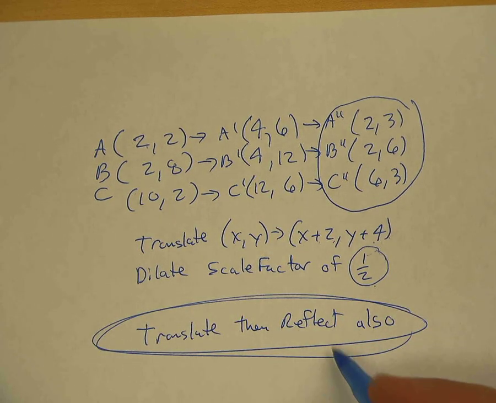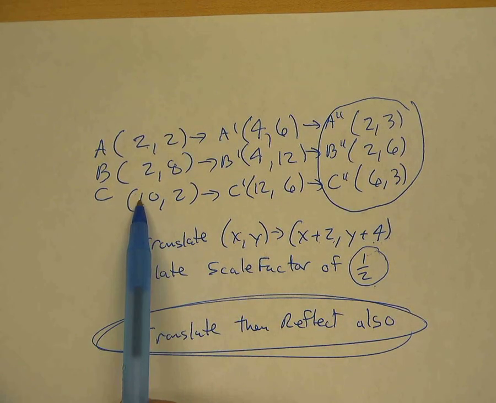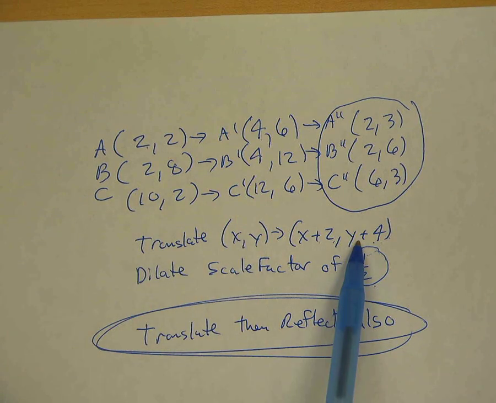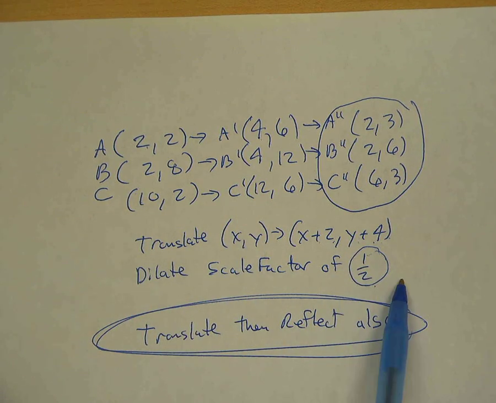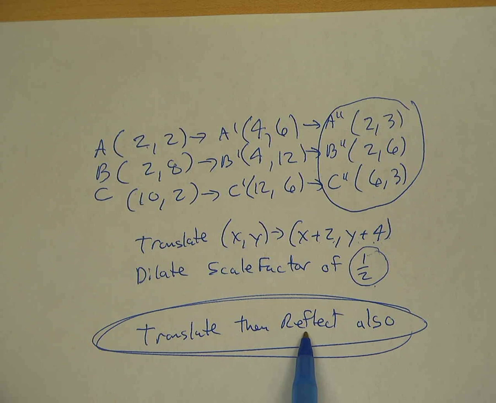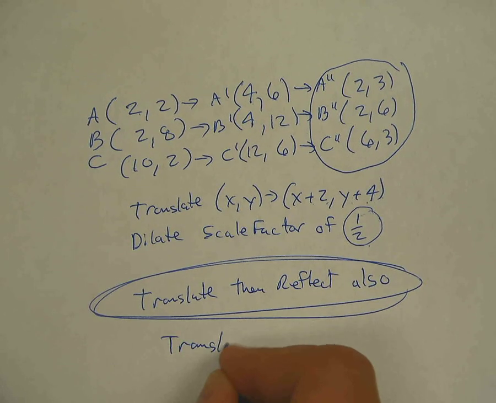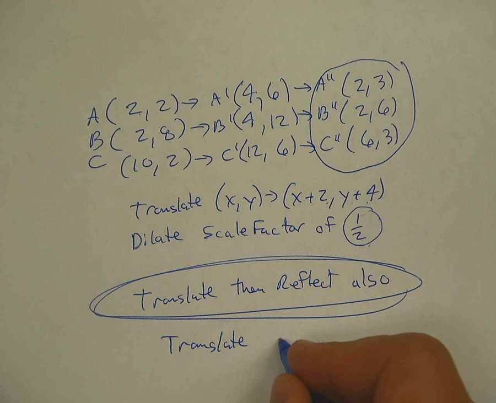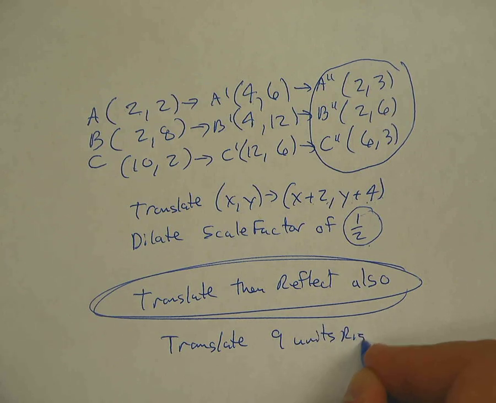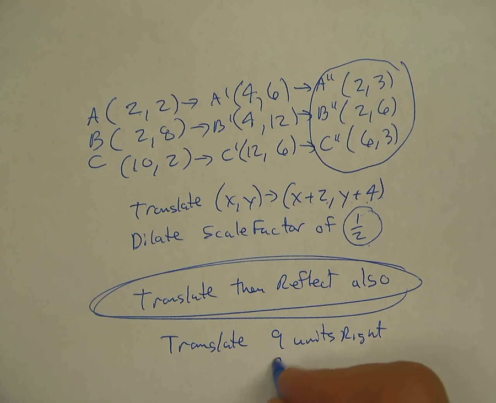When you do that example, you start in the beginning, do the translation rule like we did up here, but instead of the dilation, when you reflect, you have to use the reflection rule, whatever reflection rule you need to use. Okay? Then if you translate, let's say I want to translate something 9 units right and 8 units down.